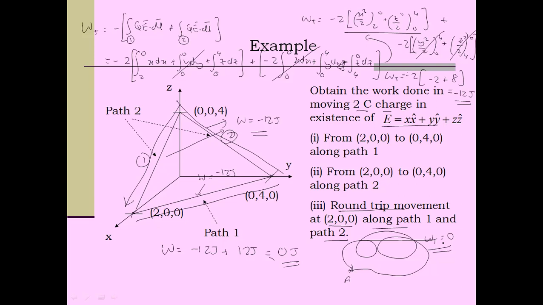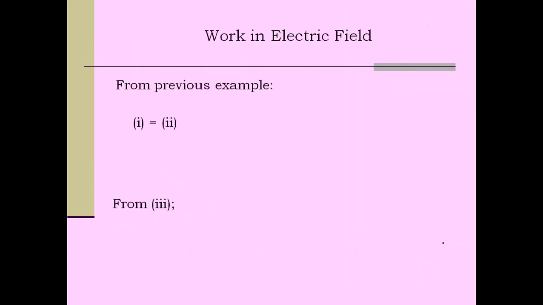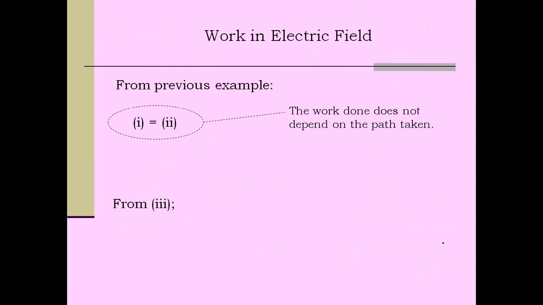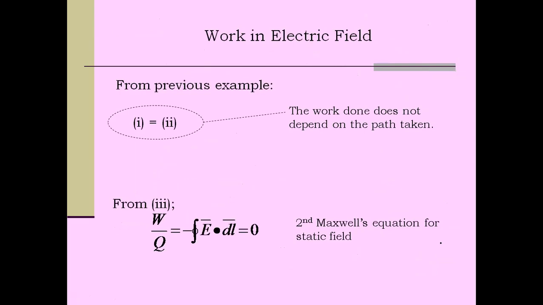So this can be further written here. That is what I have mentioned just now. The first observation is that the work does not depend on the path taken, as long as we have the same initial point and the same end point. The second observation is that the total work required in a closed loop movement will be equal to zero.